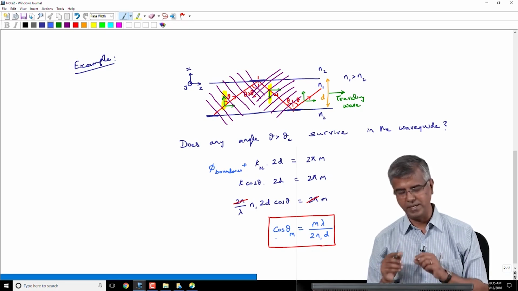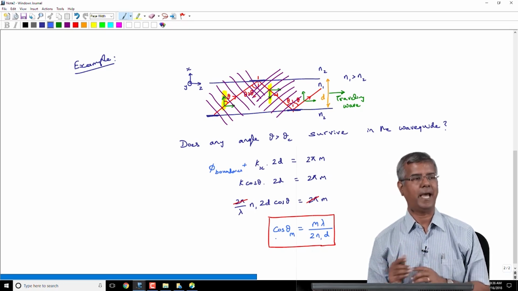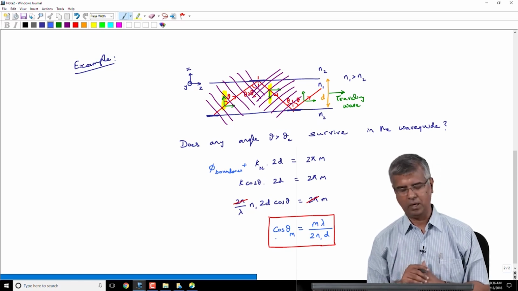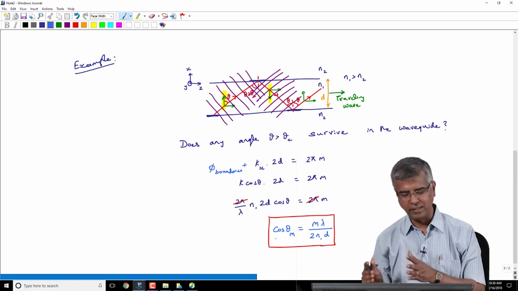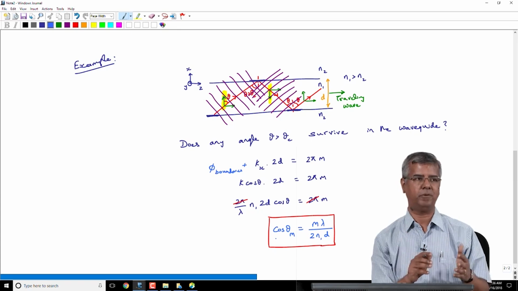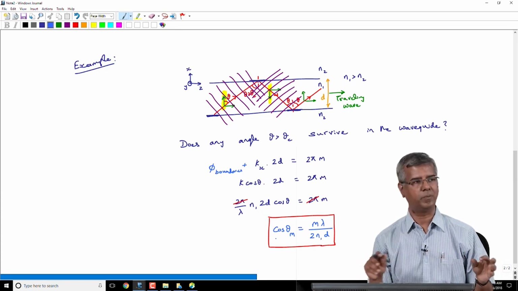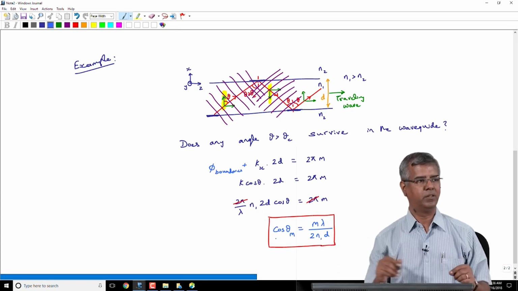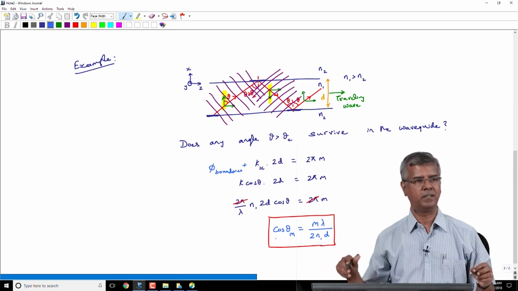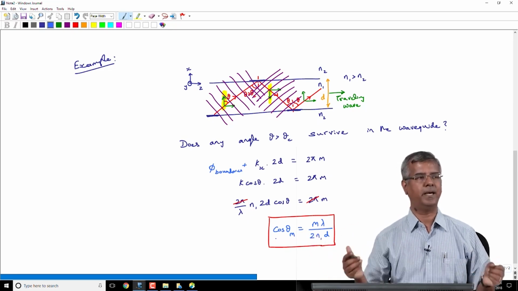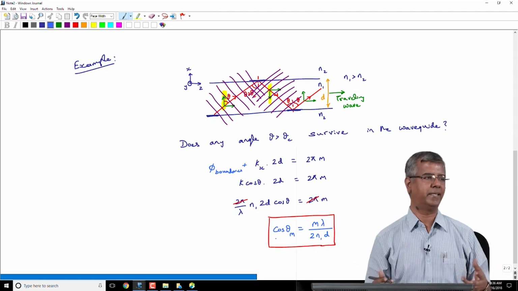So, we are saying only specific angles are supported within this waveguide, and this is different from the picture that we had just looking at ray optics. If you say it just goes through total internal reflection, it can bounce, and there we say any angle theta greater than theta c should go through these bounces and it should survive.